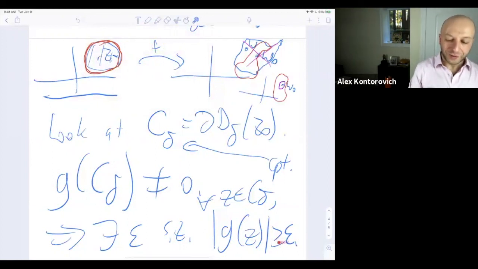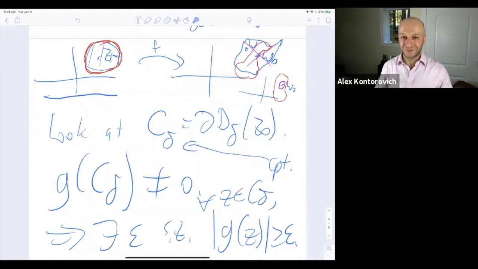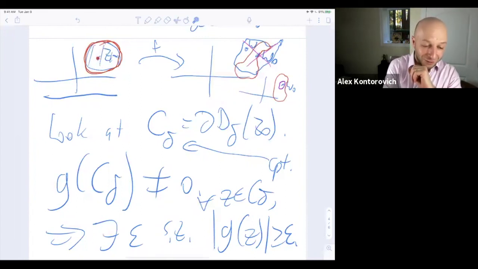Therefore, it stays uniformly away from 0. Does everybody follow that? I know I gave you two versions of the argument. I don't want the whole disk. I just want the boundary. I can't say anything about the whole disk. The whole disk does get near Z0 and does get near 0. But the boundary of that disk stays away from W0, but uniformly. So that's the epsilon that I want to take, so that for every Z on this boundary, G stays away from 0. Of course, epsilon is positive.